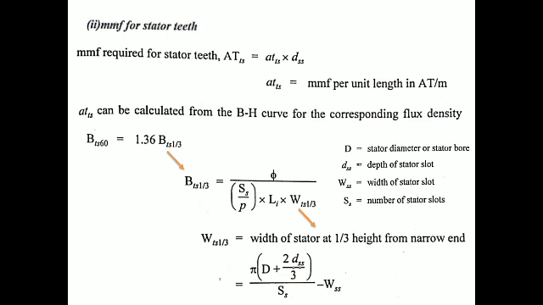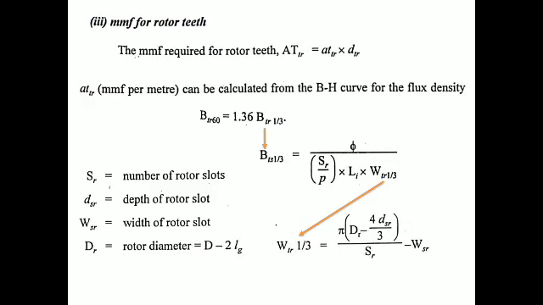After that, we enter the third one, which is MMF for the rotor teeth, ATtr. It is calculated by the product of two things, the same thing, ATtr into Dtr. Here the Dtr is nothing but the depth of the rotor teeth, and the ATtr is calculated by the BH curve. Its constant is related by Btr60 is equal to 1.36 Btr of 1 by third value.